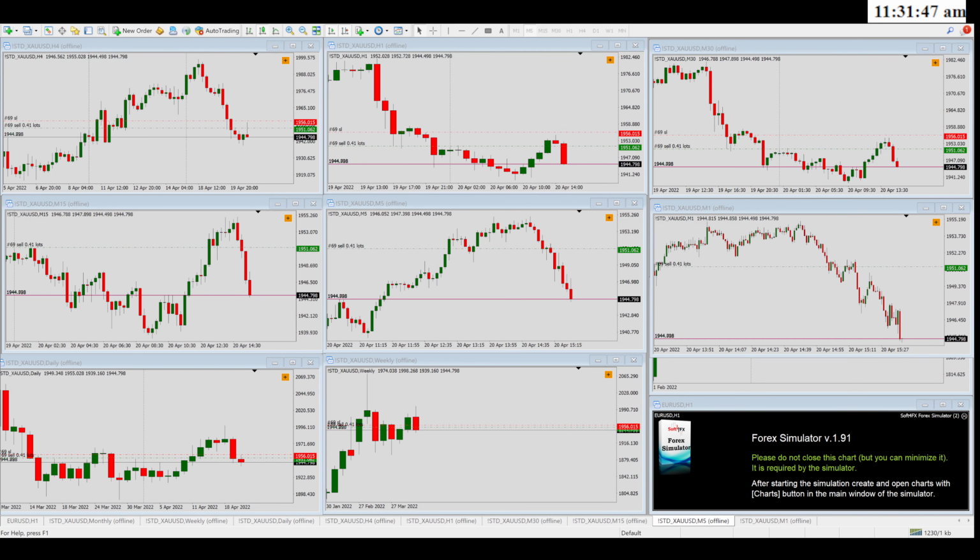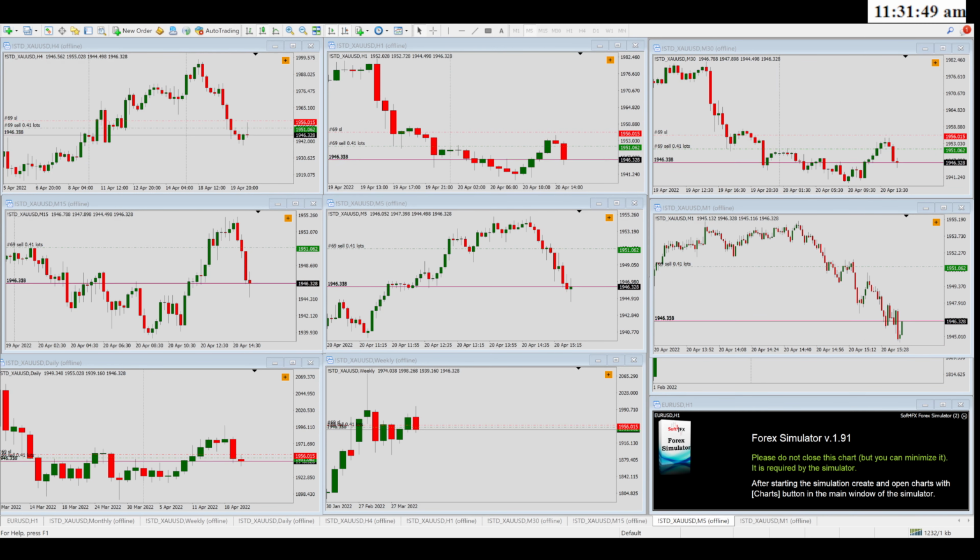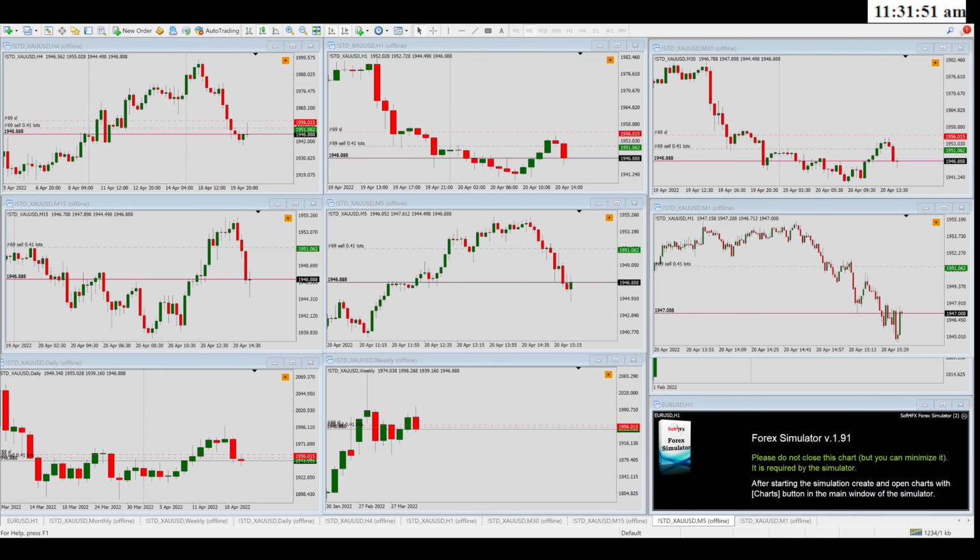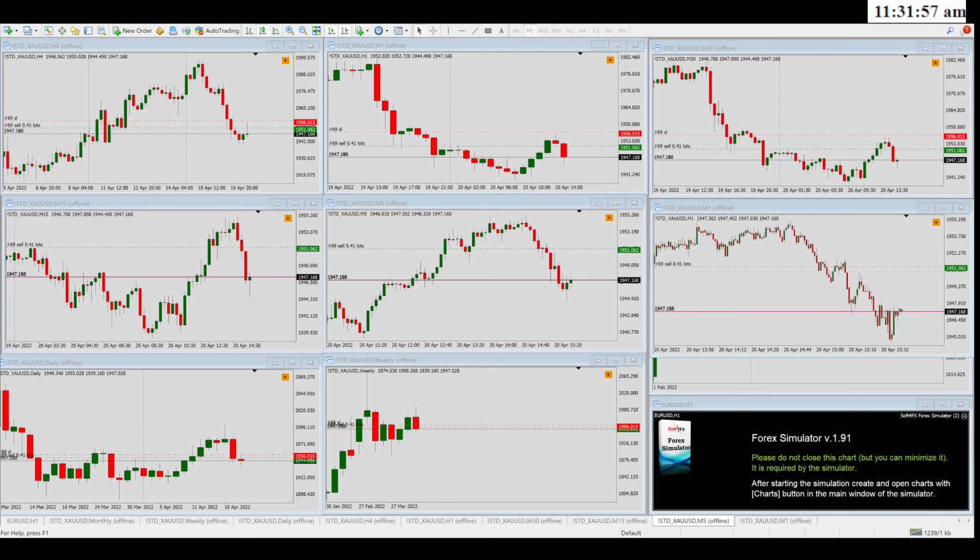But on the other hand, I am also looking at some price action that the market presents me that will force me to exit my position early.